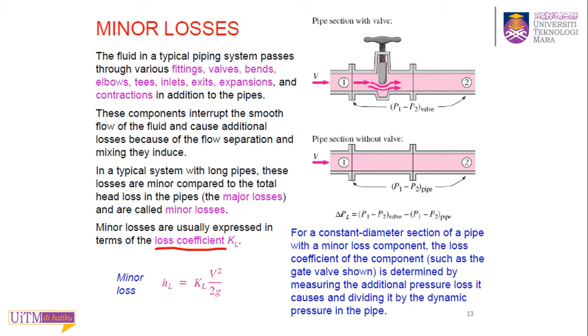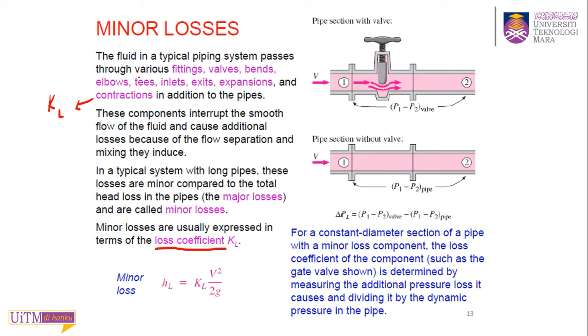Loss coefficient for valves, for elbows, for expansion, for contraction. So all of these have their own loss coefficient. Loss coefficient for contraction is how much, loss coefficient for expansion is how much. So they have different values. So you need to sum all of that.